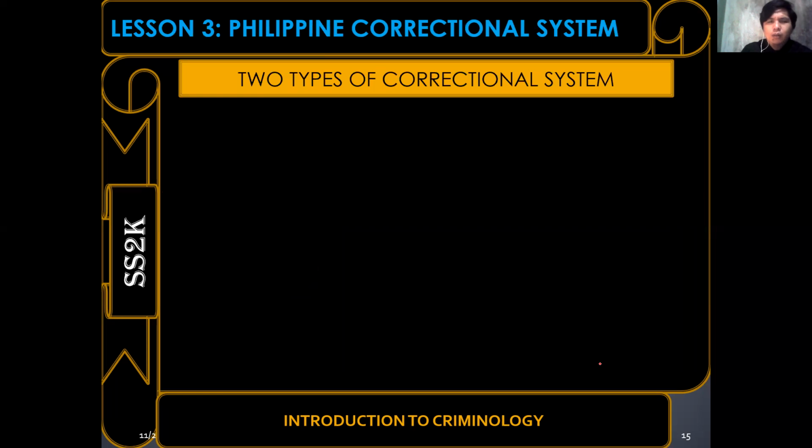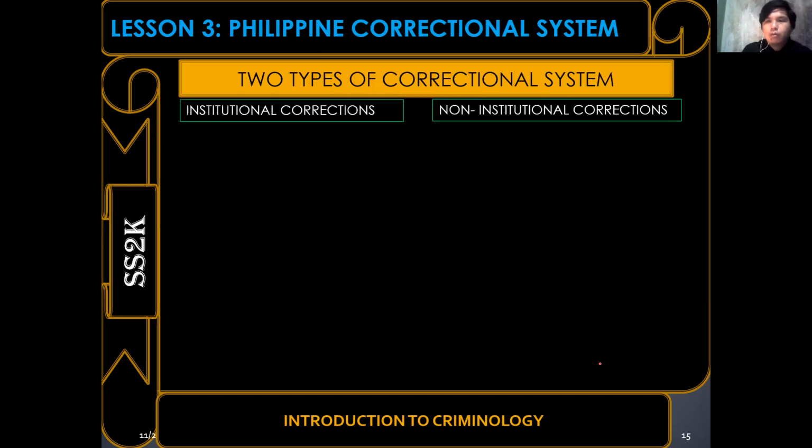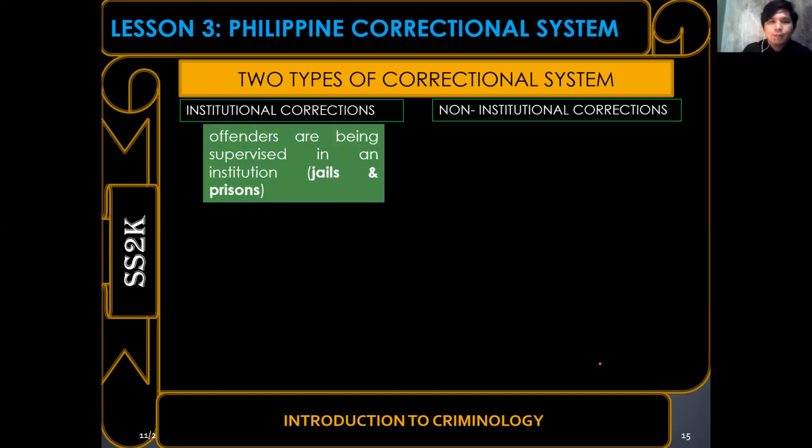Okay, so what are the two types of correctional system here in our country? Dito sa Pilipinas, dalawa po ang correctional system o sistema ng corrections. Okay? So, meron yung tinatawag na institutional corrections. Ano ba ang institutional corrections? At yung pangalawa po ay non-institutional corrections. When we say institutional corrections, offenders are being supervised in an institution, from the word institutional.